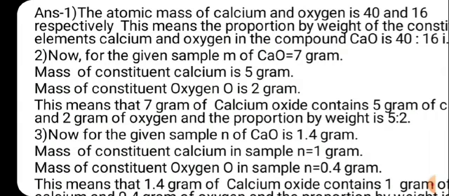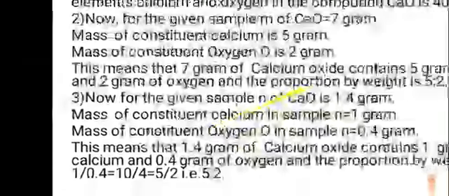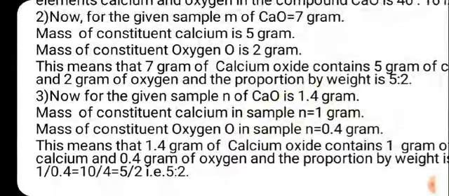So the ratio of mass of calcium and mass of oxygen is 5 is to 2. So does it match with the calculated value from atomic masses of calcium and oxygen? Yes.